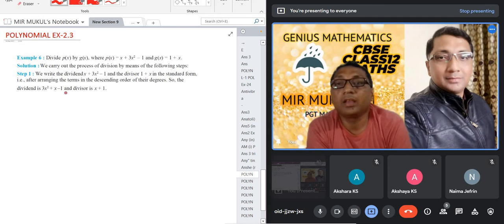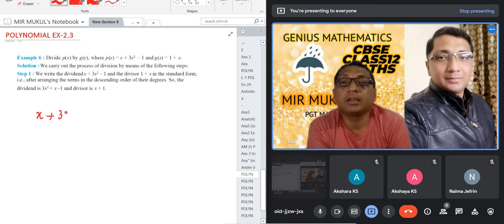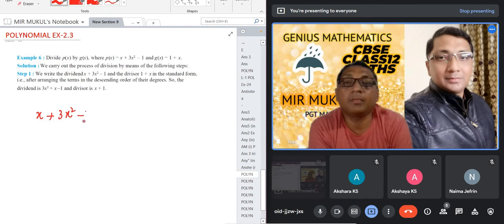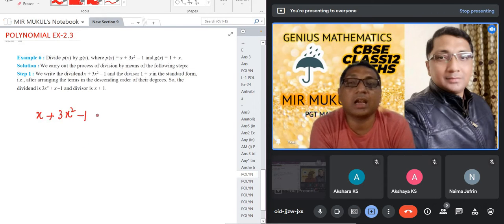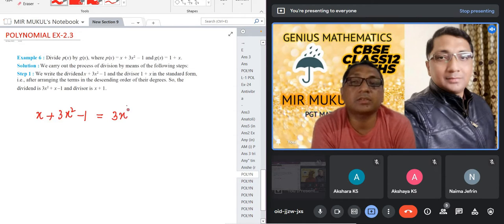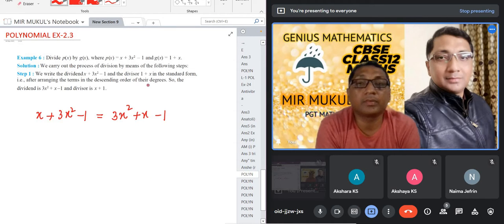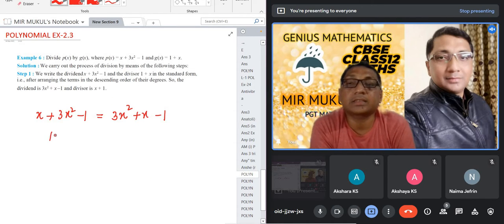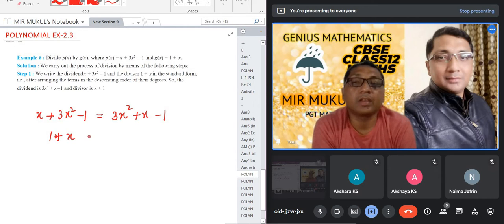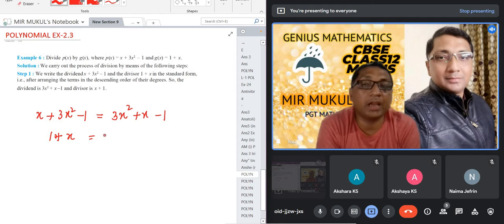That means here it was x plus 3x square minus 1. It is not standard form. Standard form means first 3x square, then x, then minus 1. Here 1 plus x, if you want to write in standard form, then x plus 1.